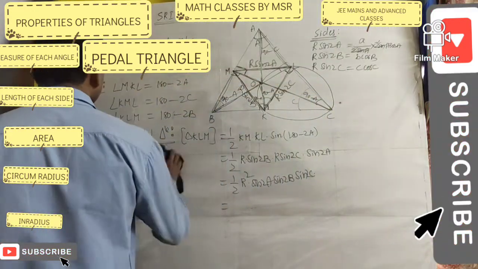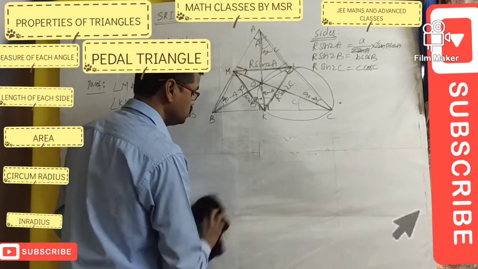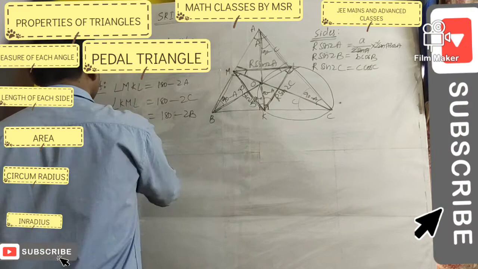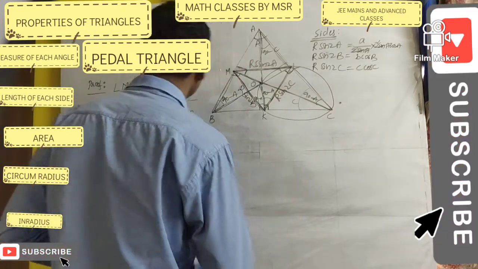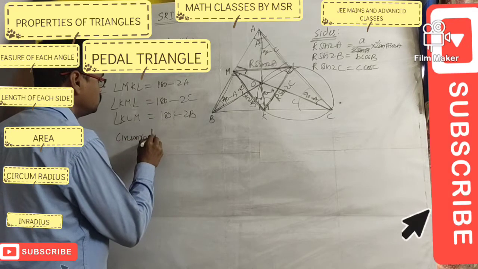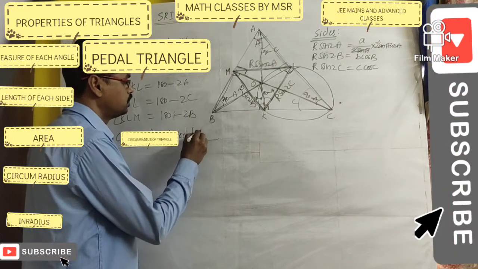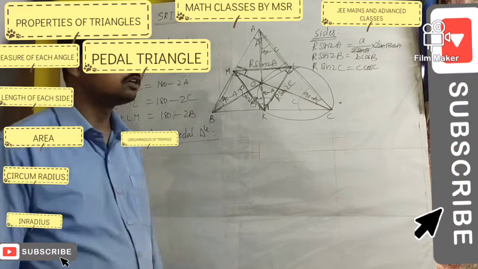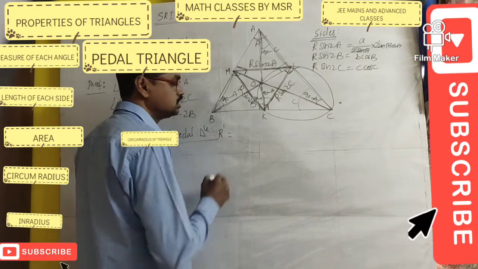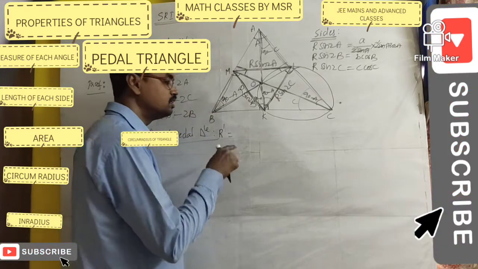Now how to calculate the circumradius of the pedal triangle? Suppose R dash is the circumradius, so I am considering R dash as the circumradius of the pedal triangle.